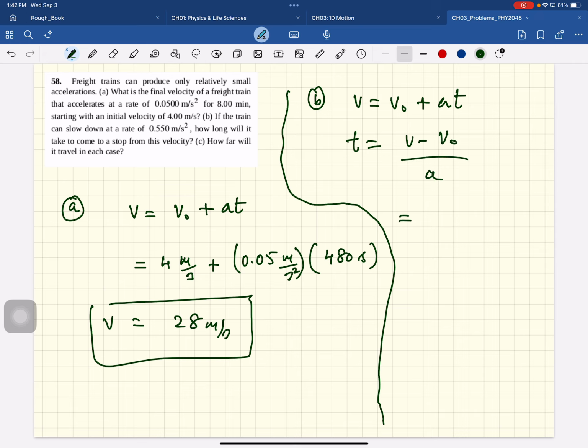Okay, so now you want to come to stop, and your deceleration is so your initial velocity was in this direction, which was taken to be positive, and the acceleration is in that direction.